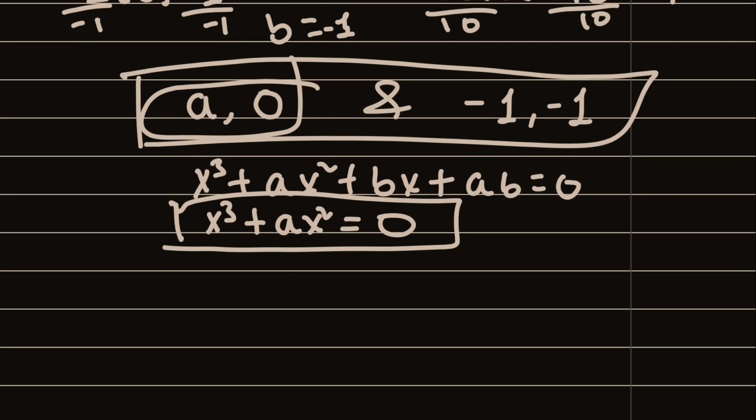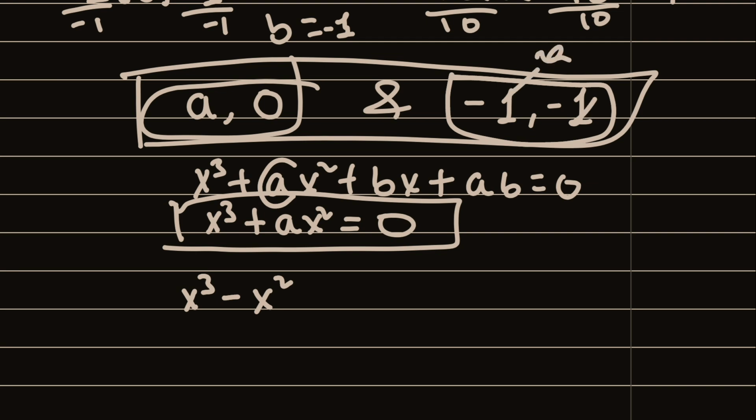In the second case, it will be x cubed minus x squared, because a is -1 in the second case. In this case, this is a, this is b.